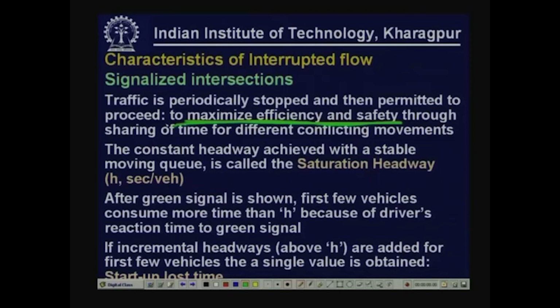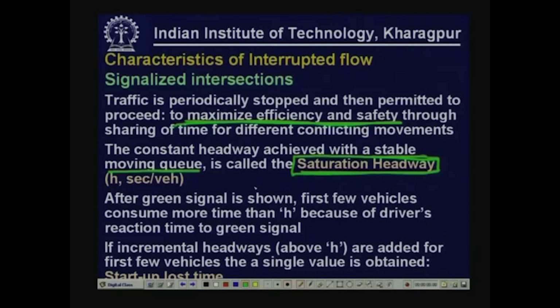Here, headway, as you already know, is the time gap between passage of two vehicles. Once you consider a signalized intersection, the constant headway achieved with a stable moving queue, carefully observed stable moving flow, is known as saturation headway. Earlier we defined headway, now we defined saturation headway.